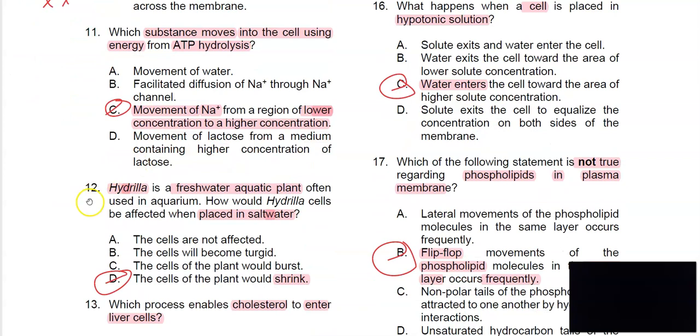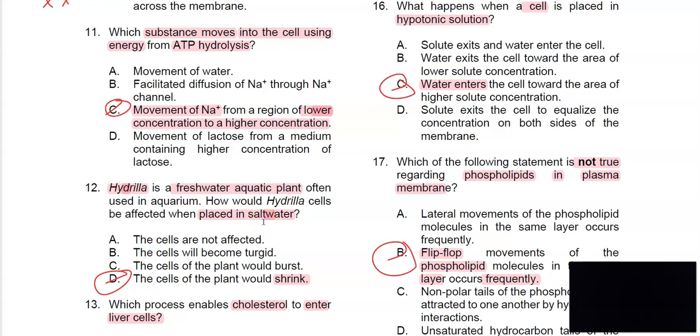Number 12, Hydrilla is a freshwater aquatic plant often used in aquariums. How would a Hydrilla cell be affected when placed in salt water? You place the Hydrilla in a more saline solution, a more hypertonic solution.